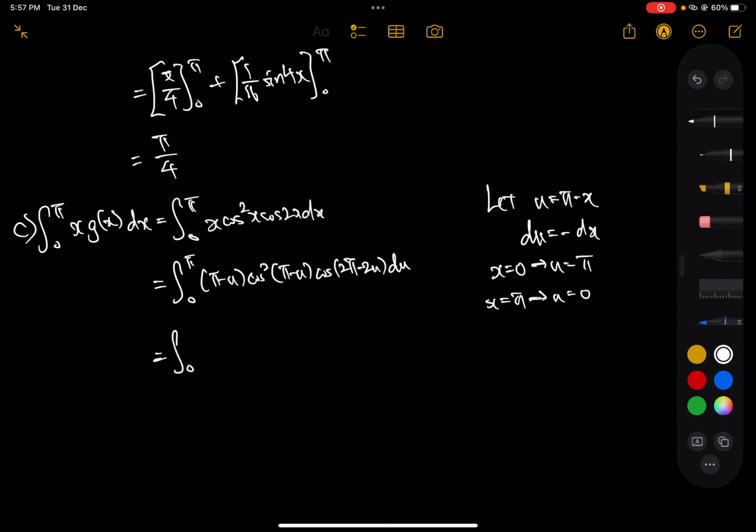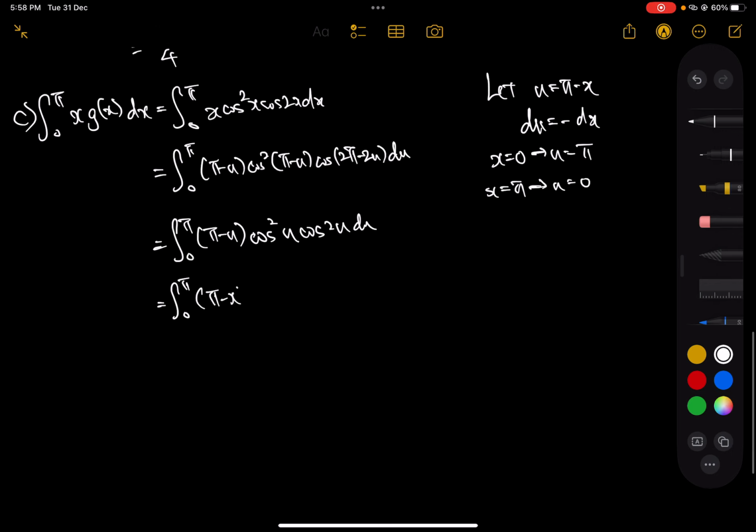So we have 0 to pi of pi minus u. Cosine squared pi minus u is just cosine squared u. And then cosine 2 pi minus 2u is just cosine 2u du. And anyone in the world with a brain would know this is just a dummy variable thing.